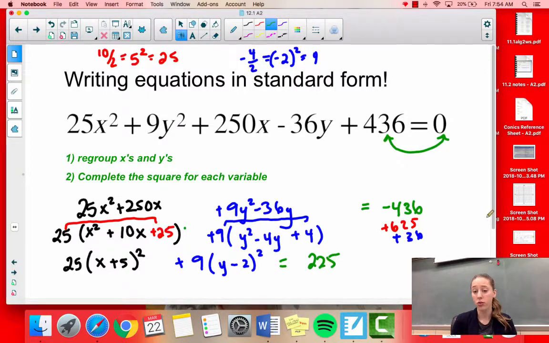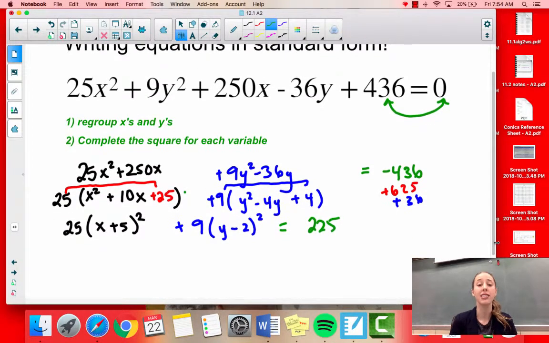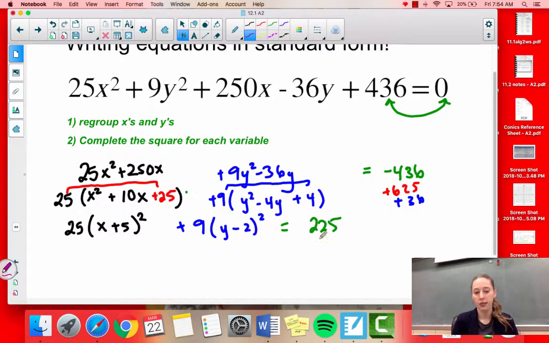And now we're almost done because remember, standard form of an ellipse is when it's equal to 1. So what I'm going to do is divide every single side. Let me do this in a different color. By the 225.